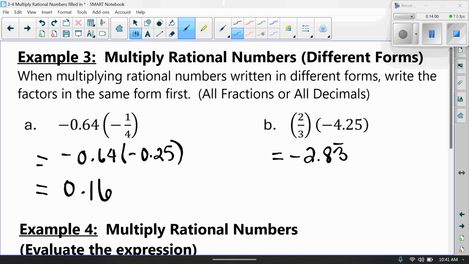So if this says negative 2.8333 and so forth, the nearest tenth is right here. So what does that 3 tell us to do to that 8? Does it say stay the same or go up? Stay the same. So this is going to be a negative 2.8.